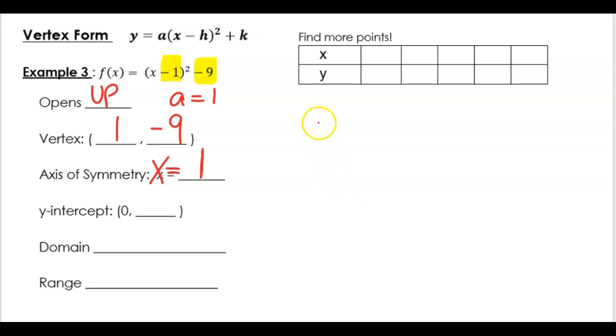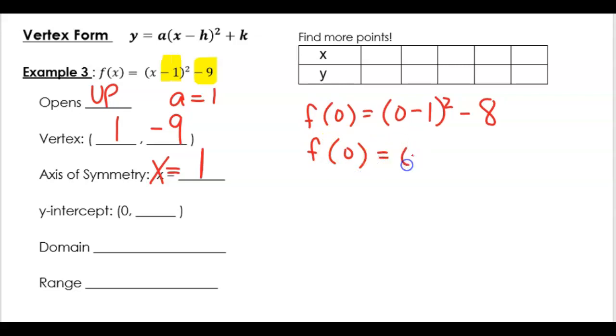To find the y-intercept, you plug in 0 in place of the x. In the original equation, in place of x, you put 0.